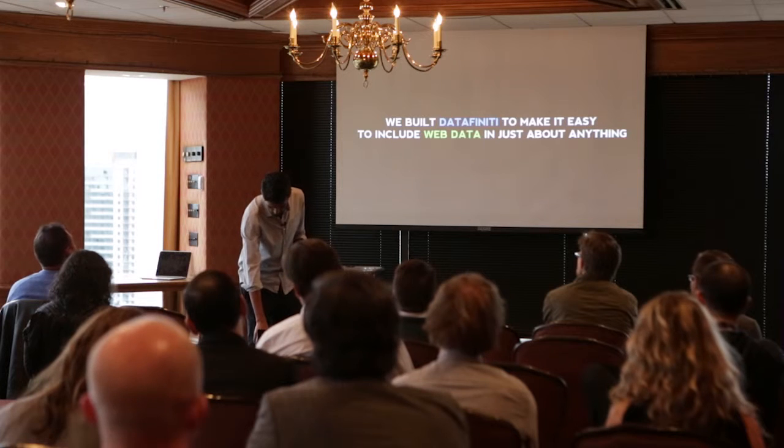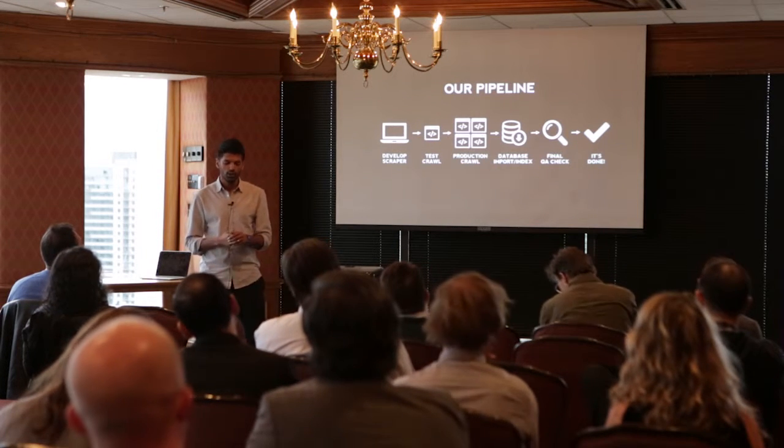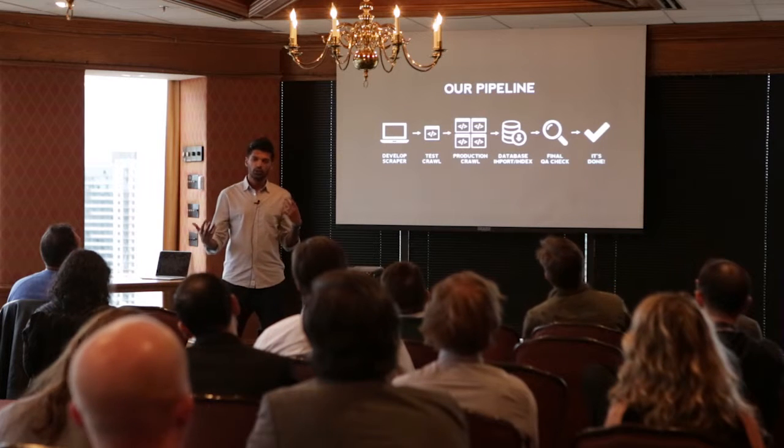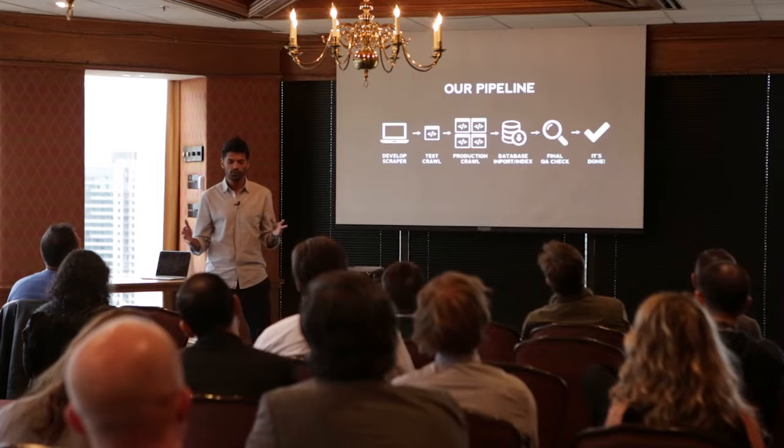Behind the scenes, what we do is we develop scrapers. We do a lot of testing and production crawling. We import that all into a single database that's indexed across hundreds of different attributes. We have a pretty extensive QA process that not only makes sure the data is accurate, but also normalizes and merges data together. So at the end, you basically have this giant database. We focus on products, businesses, and real estate records right now.